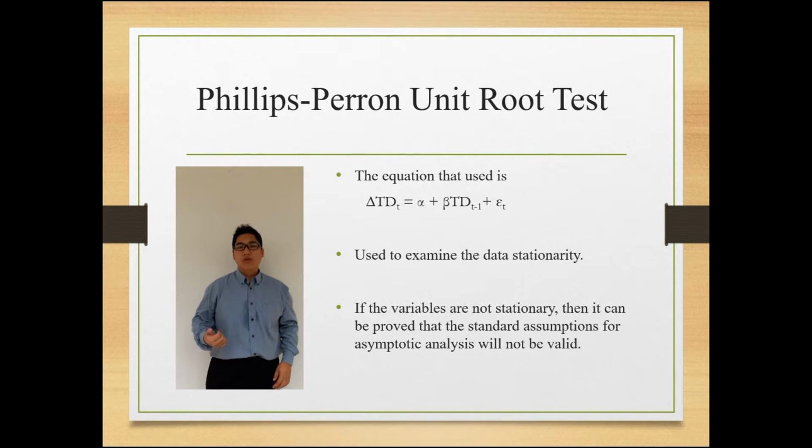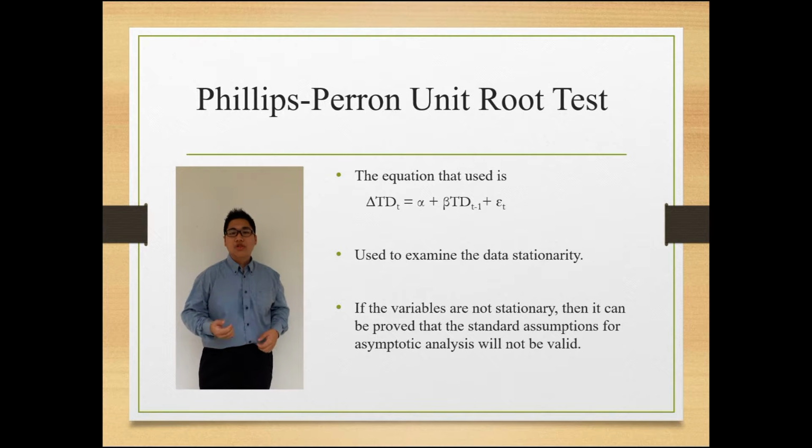So first of all, we will use the PP unit root test to test the data stationarity. The reason why we use the unit root test is that we want to make sure the data is stationary. If the data is not stationary, then the standard assumptions of asymptotic analysis will not be valid.